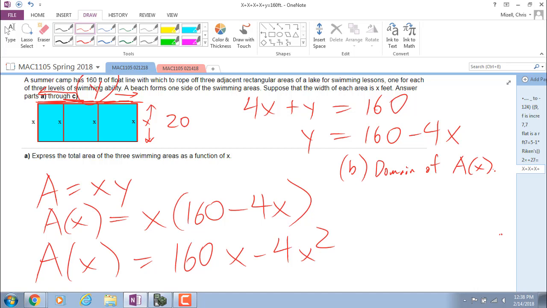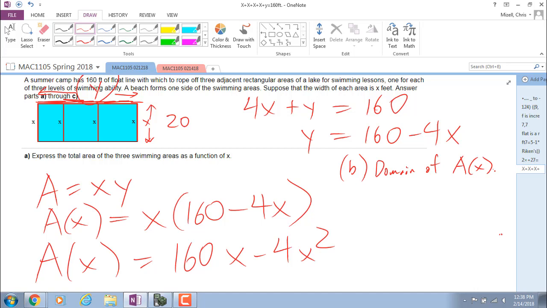If I just gave you this function, A of x equals 160x minus 4x squared, and didn't tell you what x represented or what A represented, as far as we knew, there are no physical constraints on the variable x or the variable A. They could be positive, they could be negative. The domain would be all real numbers, negative infinity to positive infinity.